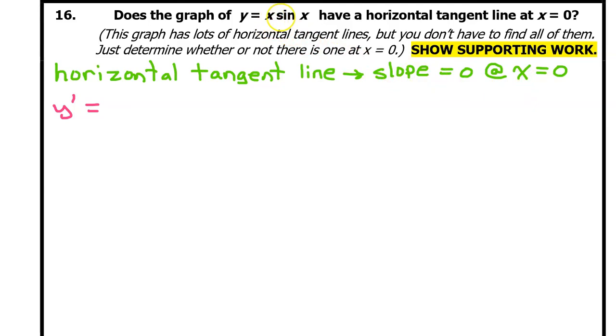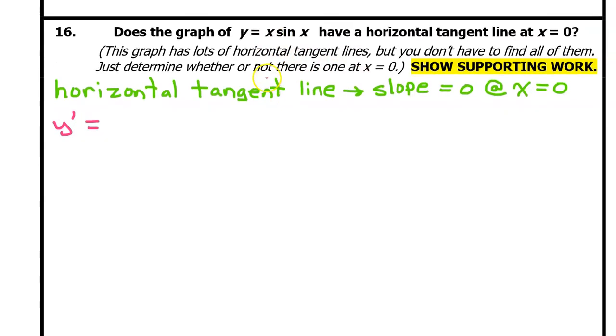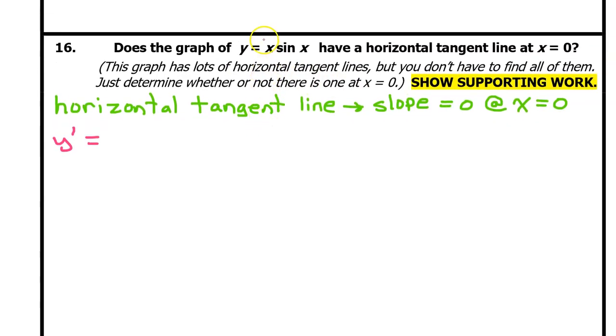So it looks like we will need the product rule. The product rule tells us that we need to take the derivative of the first factor and leave the second factor alone for a minute. So the derivative of x is just 1. And I'm going to leave the second factor the way it is for now.